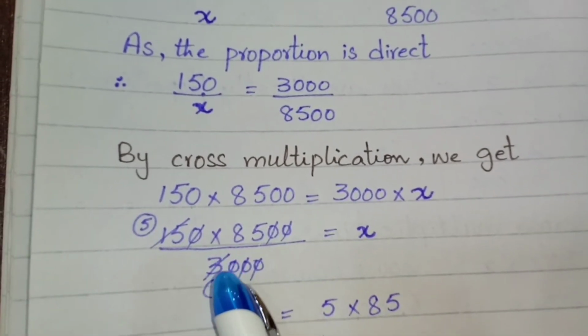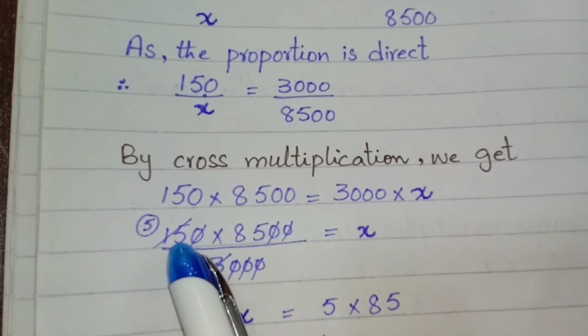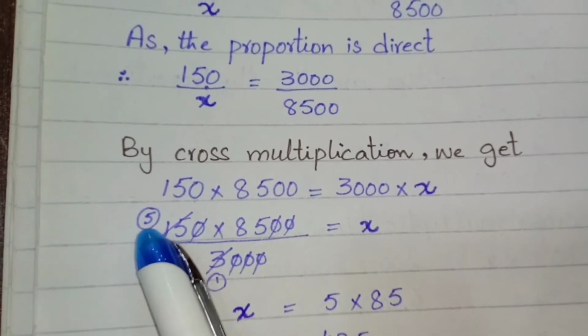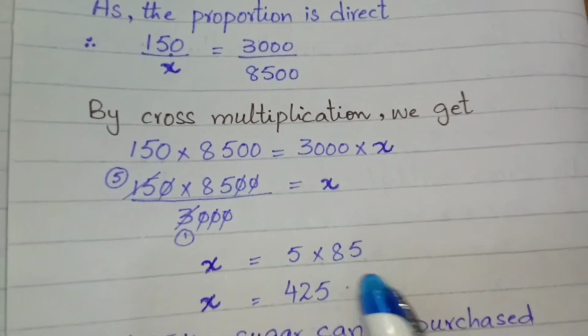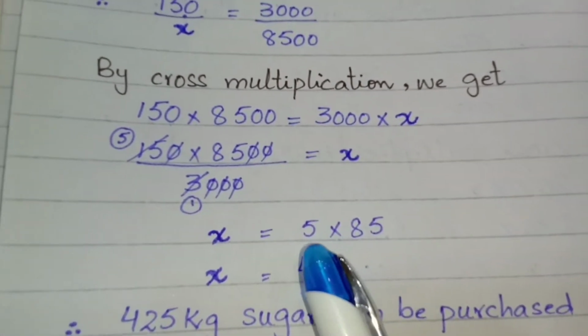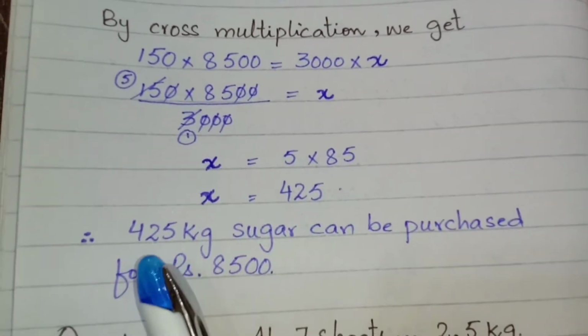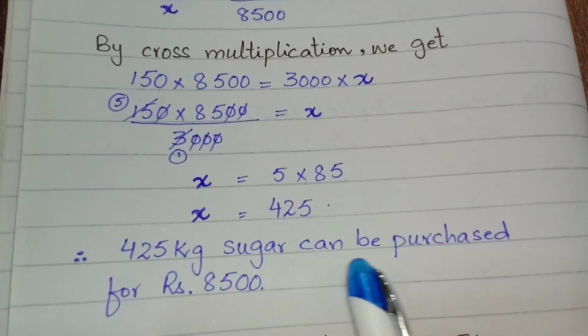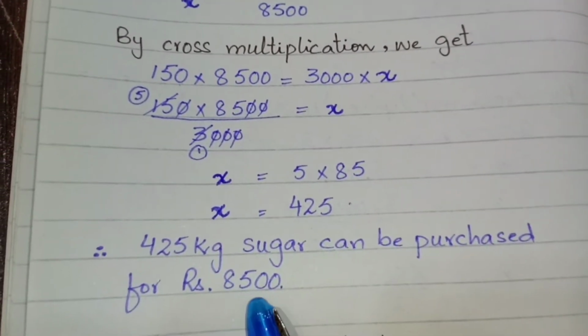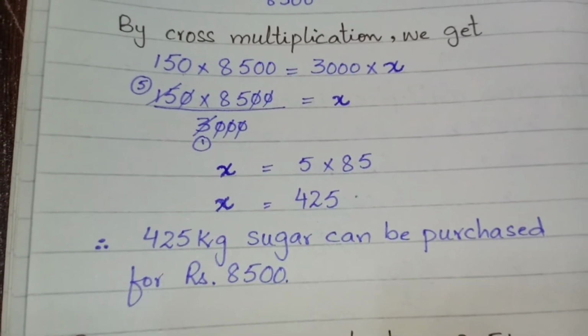And on the table of 3, 3 ones are 3 and 3 5s are 15, and we get 5 multiplied by 85. When we multiply 5 with 85, we get the answer 425. So 425 kilograms of sugar can be purchased from rupees 8500.